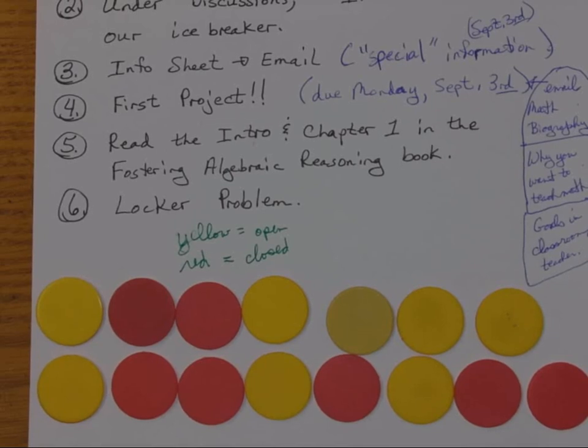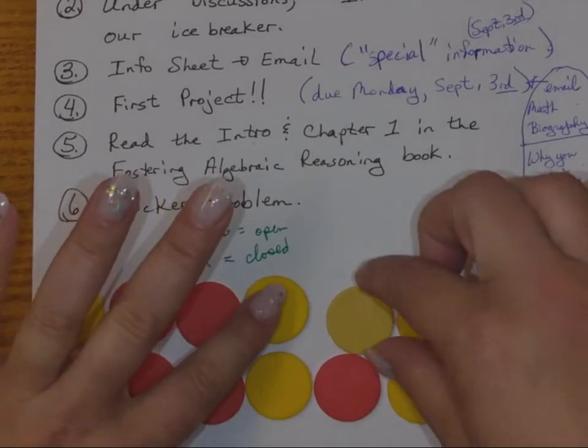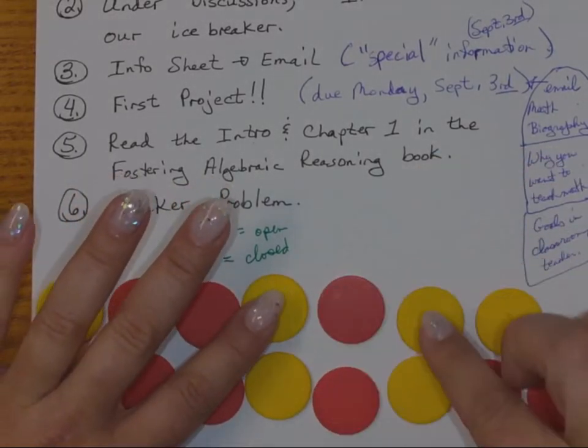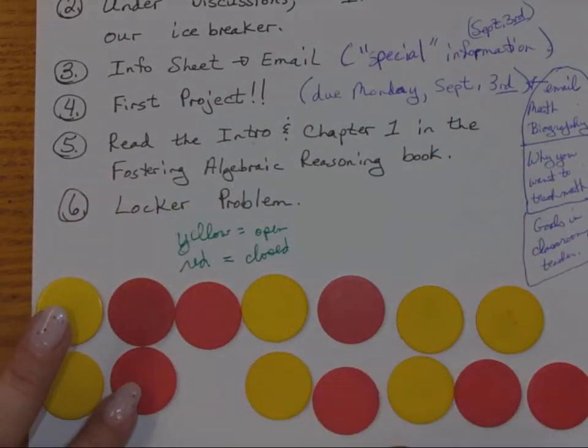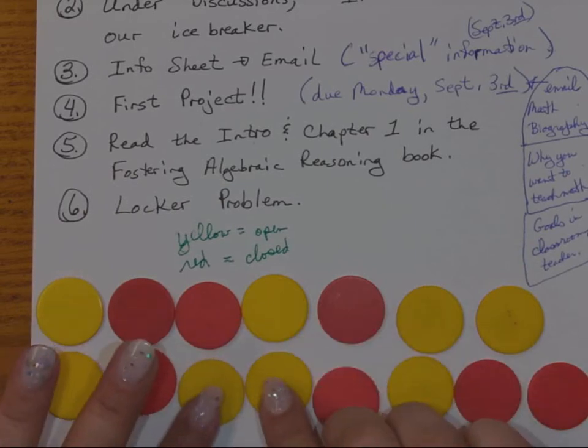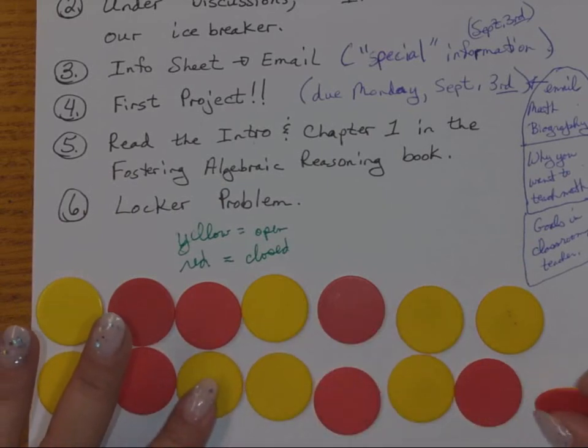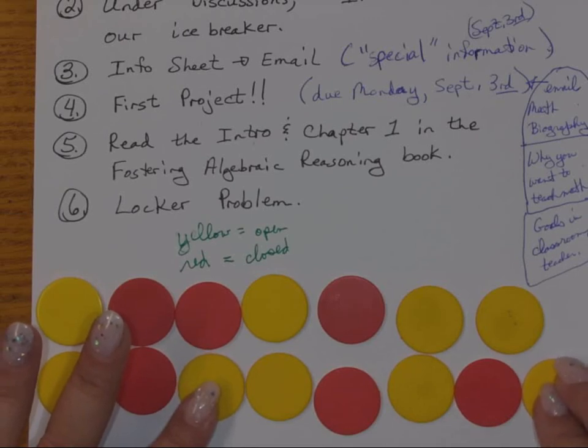So the 4th locker is always and forever going to remain open. So let's go ahead and do the rest of them. 5's going to flip. 6, 7, 8, 9, 10 is going to flip. 11, 12, 13, 14, 15 is going to flip. That's why I did him. Okay. So 5 is done.